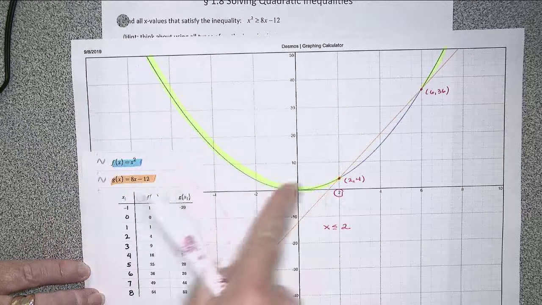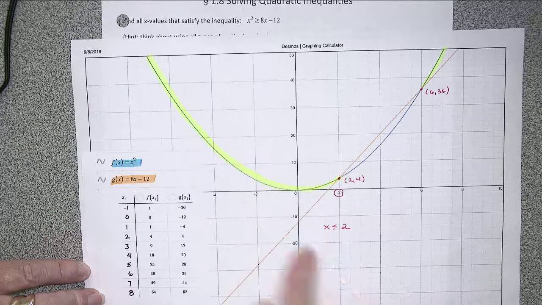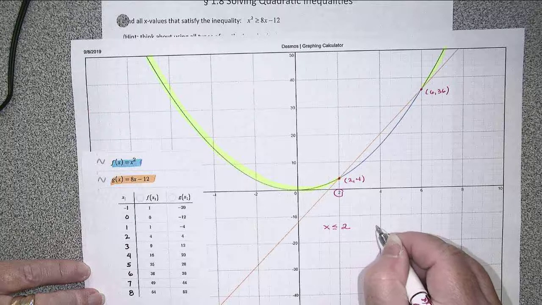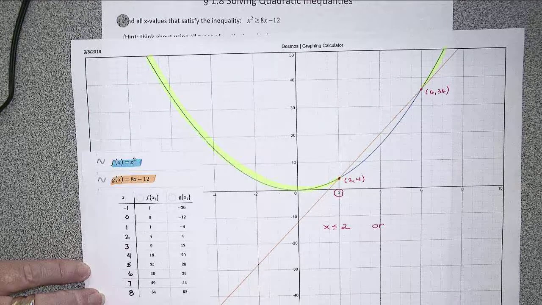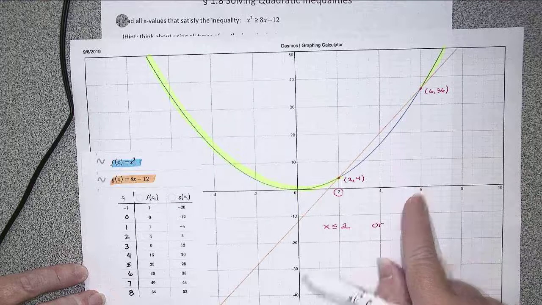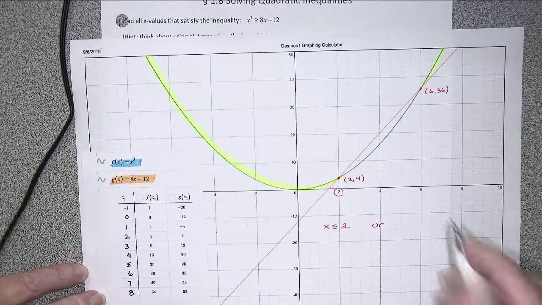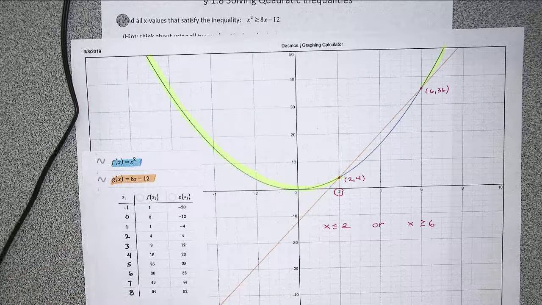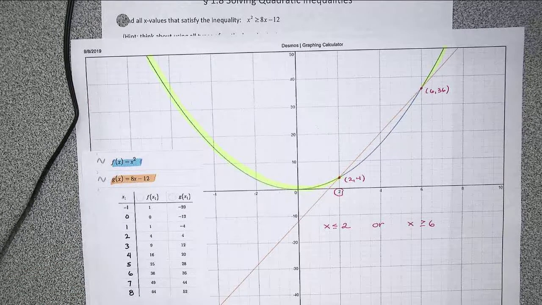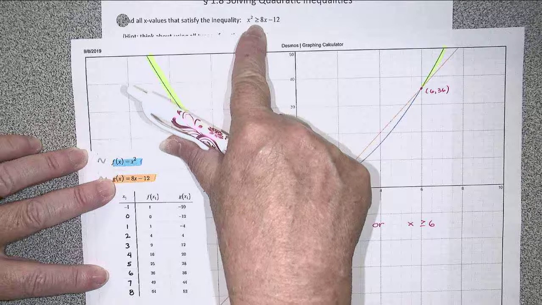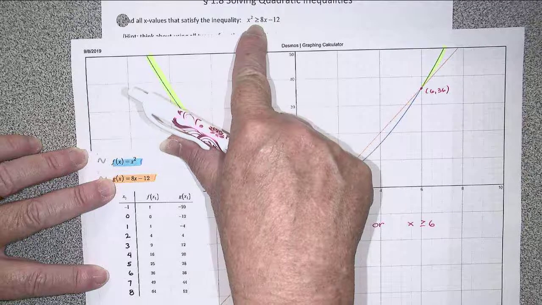All of these points corresponding to x values less than or equal to 2. But it happens again over here. All of these x values that are greater than 6, actually greater than or equal to 6, will also work. And again, I'm using the greater than or equal to and the less than or equal to because the original had the equals in it.